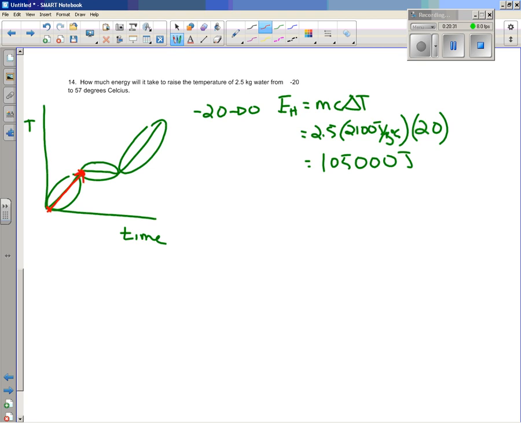So don't stop there. The next thing we have to calculate is this. And that's what we call latent heat, this hidden heat that's required to take this thing a little bit further. So what am I going to title this one? I'm going to say melt. What's it going to take to melt this thing? That formula is EH equals the latent heat of fusion times the mass.